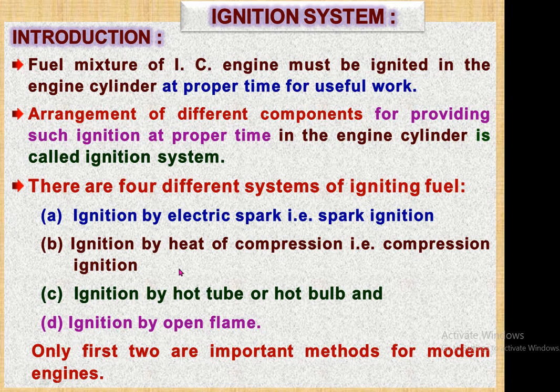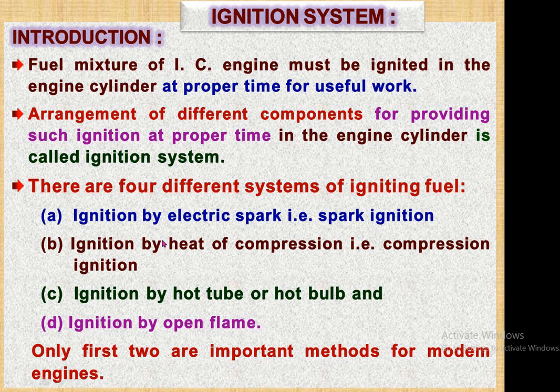In case of our 4-stroke diesel engine, this system directly ignites the fuel that has been injected through the injector at the end of the compression stroke, due to the hot compressed air. Then C, third, ignition by hot tube or hot bulb. And fourth, or D, ignition by open flame.